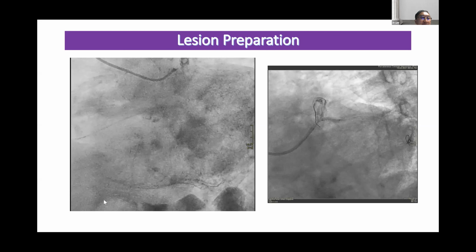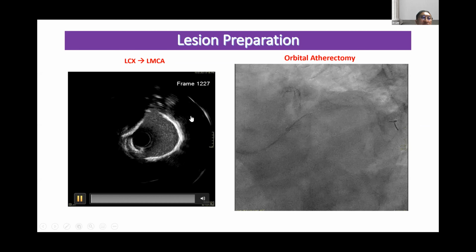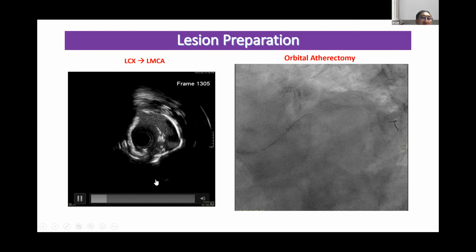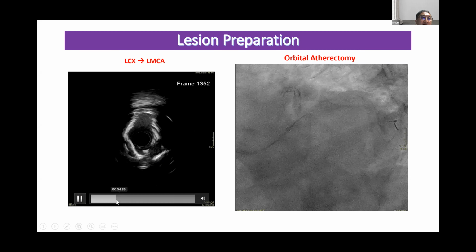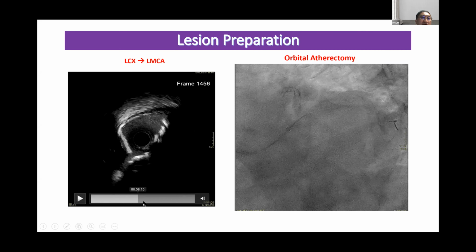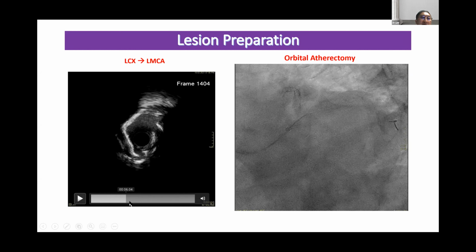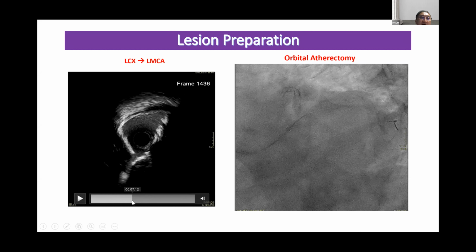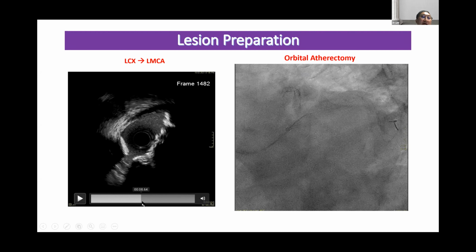So on IVUS, this is pulling back from the proximal circumflex, and this part is the circumflex artery ostial lesion. You can see that it is eccentric, but actually the whole vessel has calcified plaque.